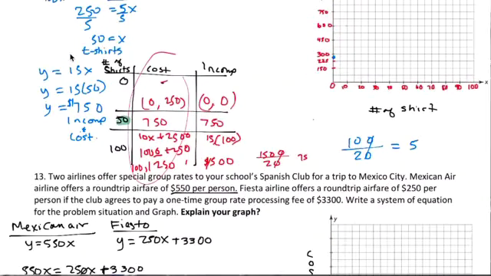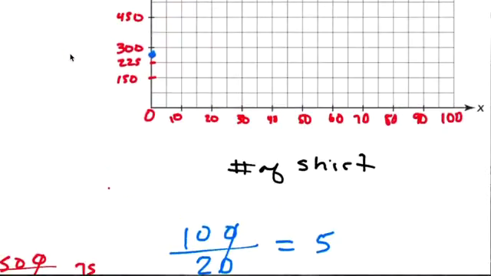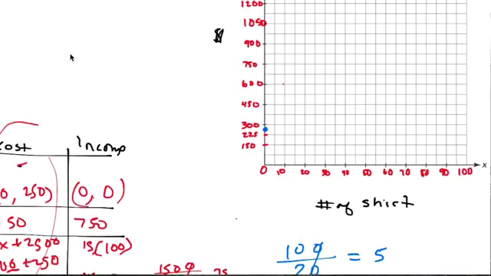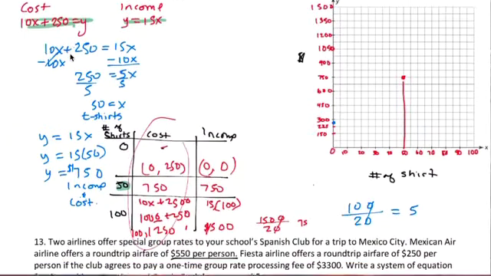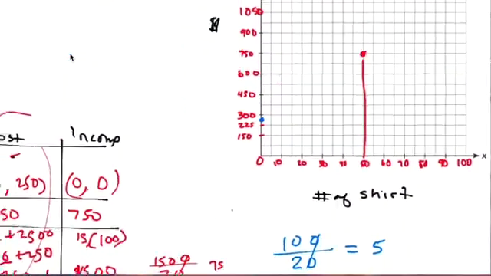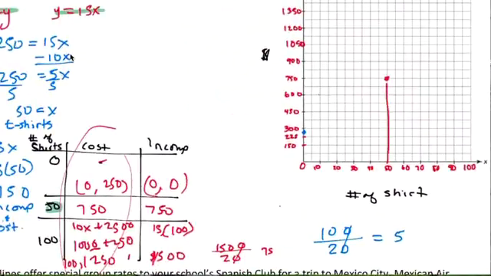Okay, much better. 50 and 750. And 100 is 250, 1,250.